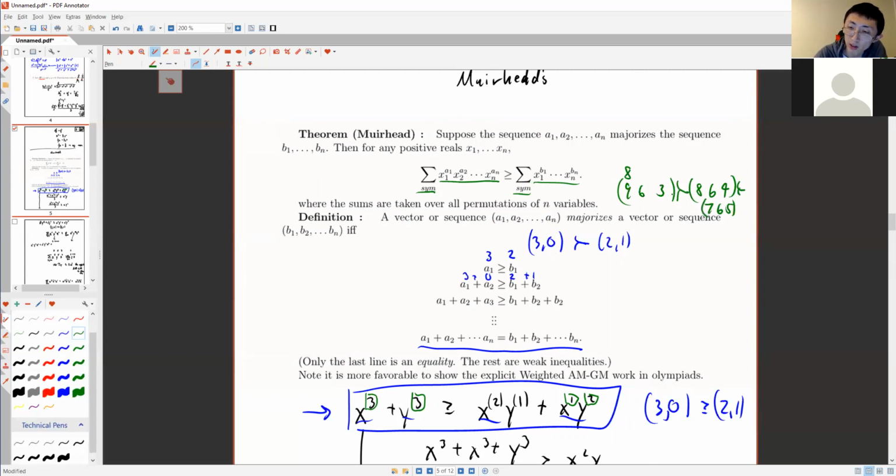This would say the symmetric sum of a to the 9, b, c is greater than or equal to the symmetric sum of a to the 8th, b to the 6th, c to the 4th, and so on. There should be some weighted AM-GM argument for it. Apparently in Olympiads, at least a long time ago, it's better to write the weighted AM-GM inequality instead of citing Muirhead's, stylistically, but I think it should be fine just to cite it.